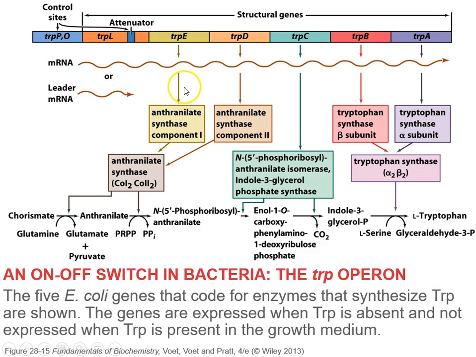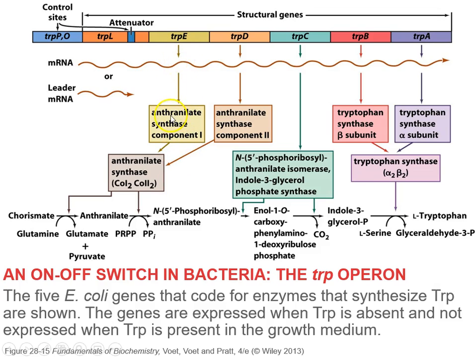What this shows is the tryptophan biosynthetic pathway, starting from chorismate and glutamine and going all the way to tryptophan. So there are 3 steps right here. For these 2 steps, the same enzyme catalyzes both of these steps. This is an enzyme that is a dimer, so it has 2 components, component 1 and component 2.